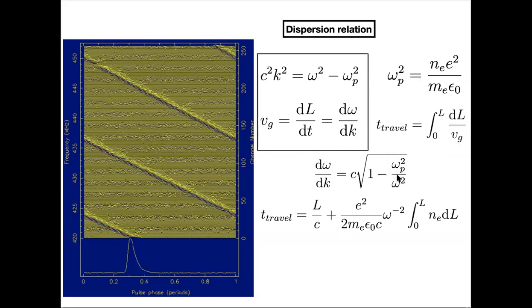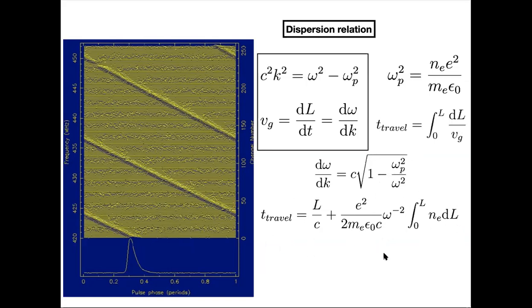Then I can approximate that omega p is much less than omega, which is the case here. If I do that to the first order, I can calculate the light travel time. Doing this integral, taking the approximation that 1 plus omega p squared by omega squared, to the power half, is nothing but 1 minus half into omega p squared by omega squared, which is the first Taylor series approximation, you will get the travel time given by this.